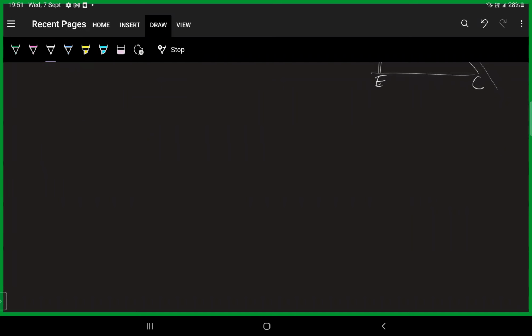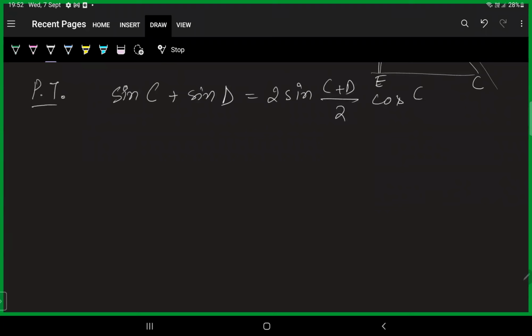So how many of you proved this one? Prove that, write down, sine C plus sine D is equal to 2 sine C plus D upon 2 cos C minus D upon 2. Remember this? We have done this also, right?